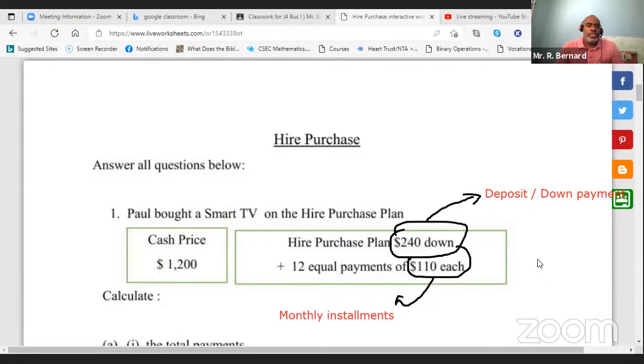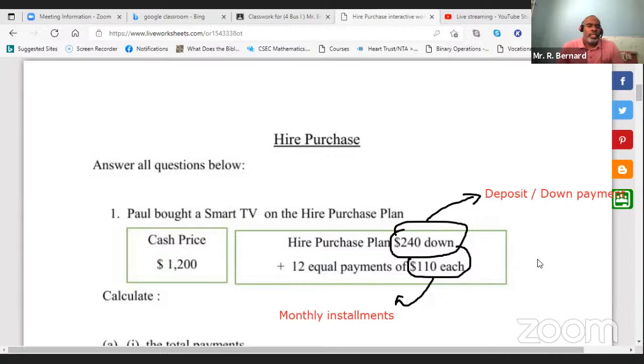Now, my question. To work out the hire purchase itself, what would you have to do with the deposit and the monthly installments? After you paid those 12 monthly installments, how much money would you actually pay in terms of the hire purchase plan?